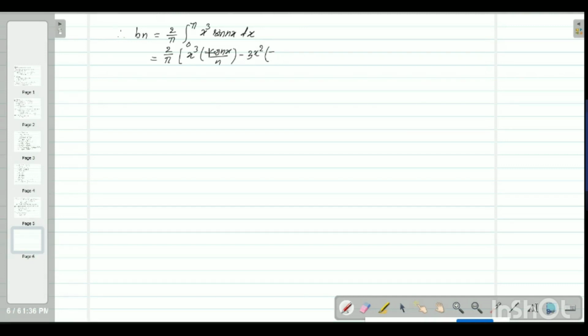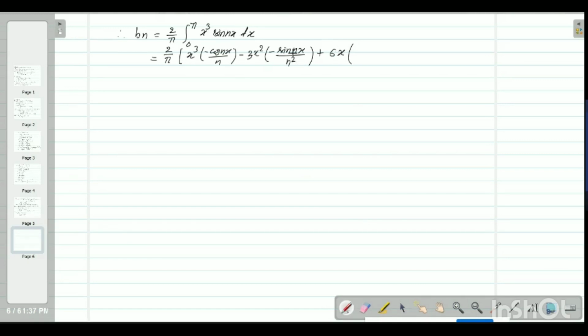So minus sign is already here, so we write here minus sin nx by n. Coefficient of this is n, but n is already here, so this becomes n square. Then plus, and derivative of this, 3 derivative of this, is 6x.